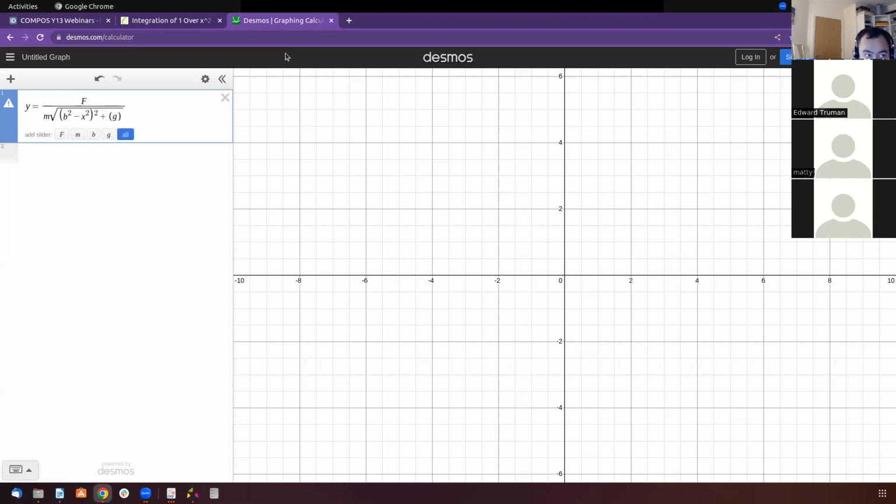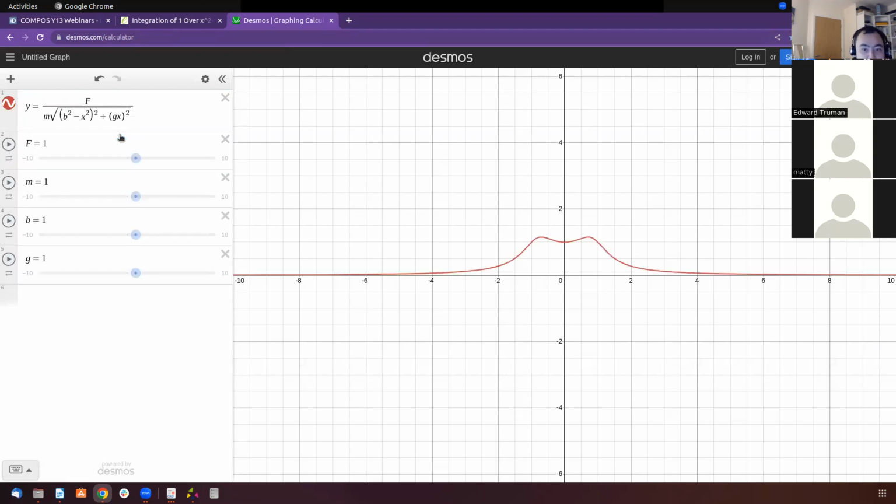Let's call it B and G. And now add all the sliders. And limited, because amplitude cannot be negative, x is greater than 0.